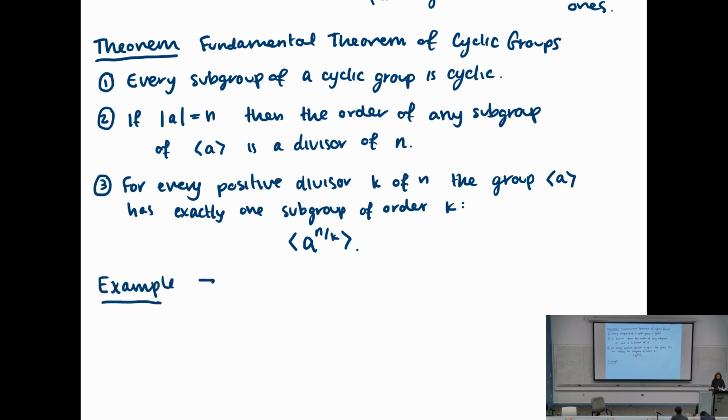So let's look at Z mod 6 with addition. A few days ago we computed by hand all of the subgroups. But now using this theorem, basically what we have to do is first list the divisors of the order of the group, which is 6.